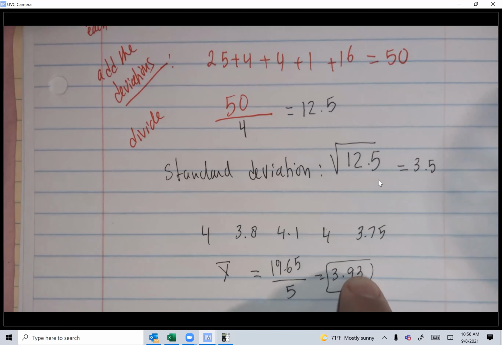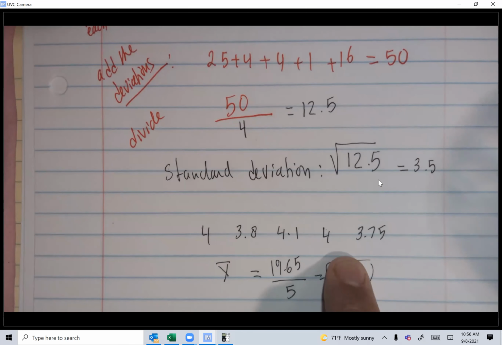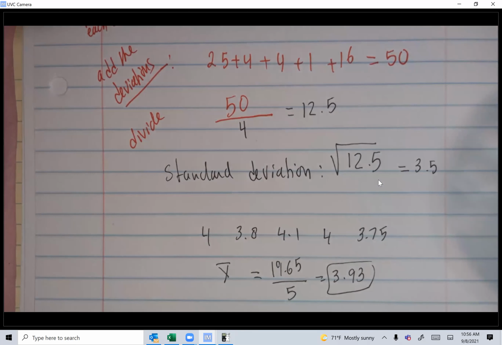It's going to be a very small number, which I'm going to demonstrate to you how to find using the calculator. So when the values are close to the mean, the standard deviation is low. When the values are too much spread out from the mean, the standard deviation is large.